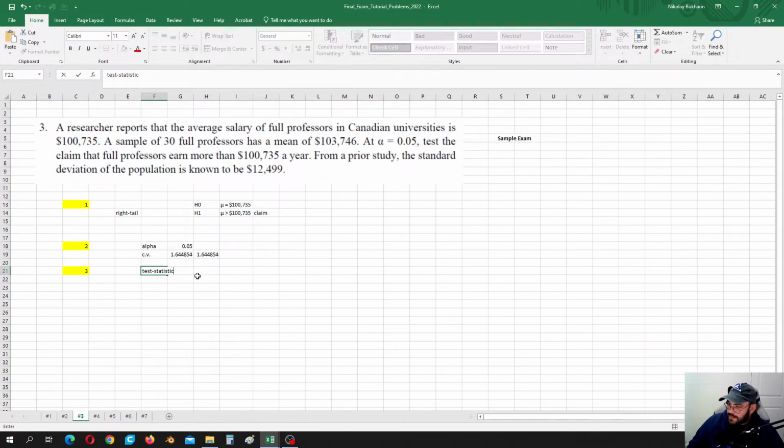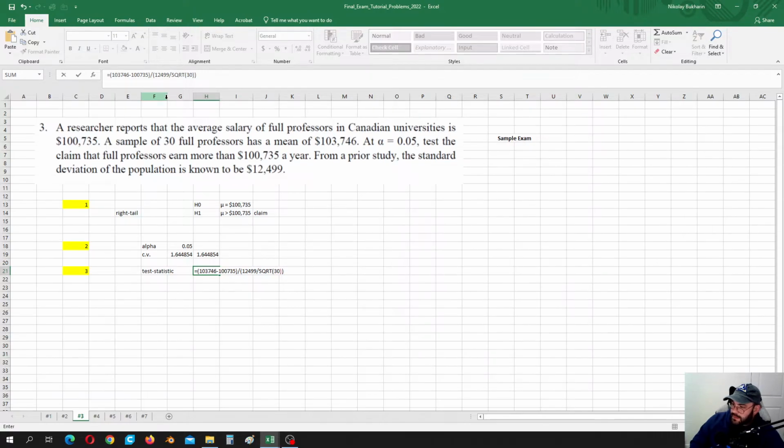It is equal to the sample mean, our x bar, 103,746, minus the mean of the population, 100,735, divided by the population standard deviation 12,499 divided by the square root of the sample size, which is 30.